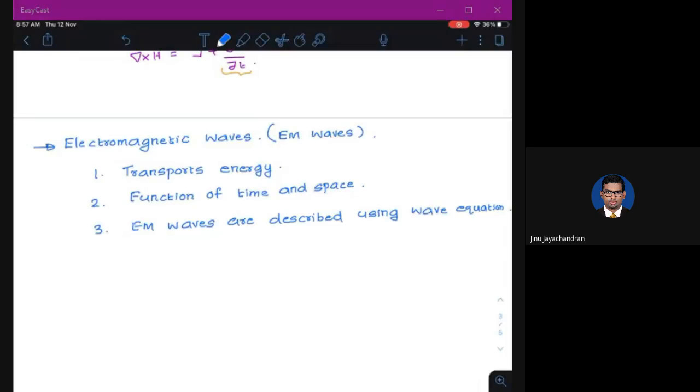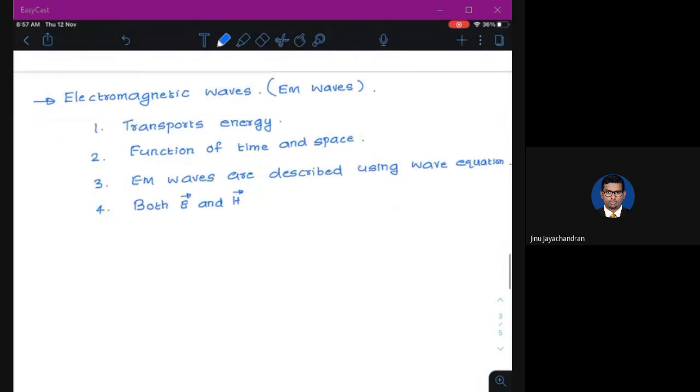There is a general wave equation. We are going to show that Maxwell's equations will give you the form of a general wave equation. And the electromagnetic wave will have both electric and magnetic fields, and both will be perpendicular to each other, and both will be perpendicular to the direction of propagation. Okay, so all these things we are going to derive.